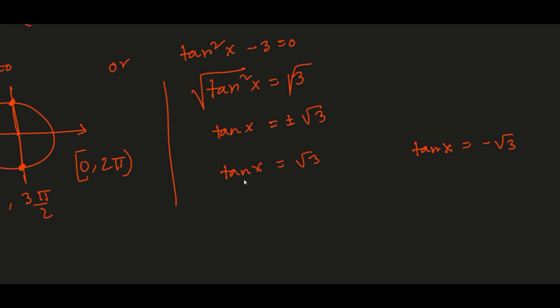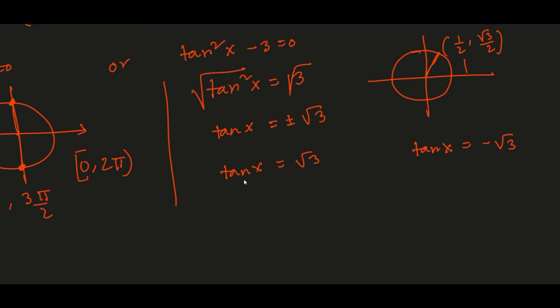Then again we'll take help from the unit circle. From the unit circle we know tan x could be positive root 3 at angle pi over 3. Here the coordinate is 1/2 comma square root 3 over 2.